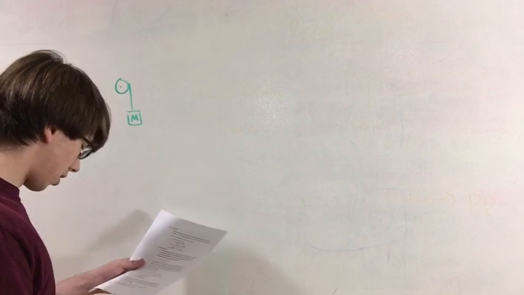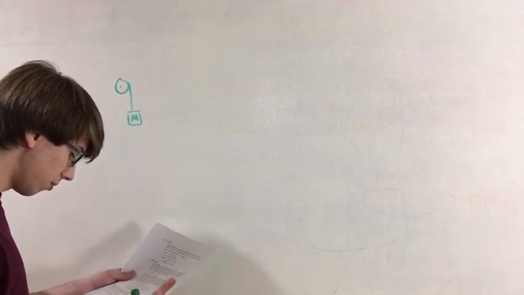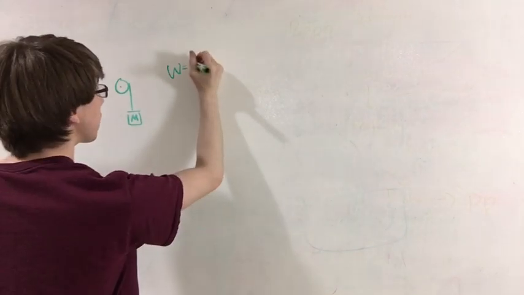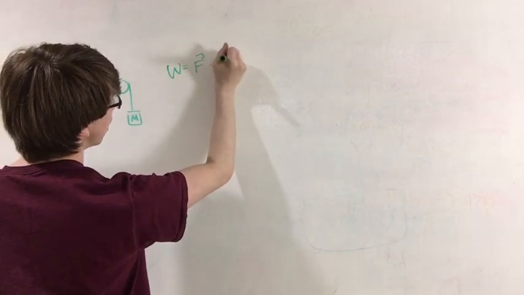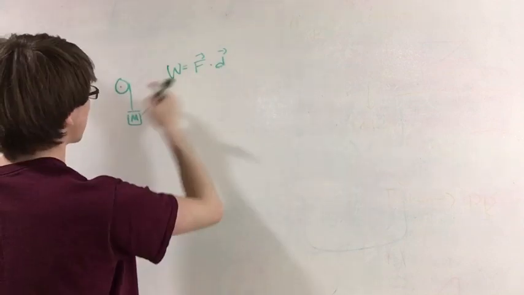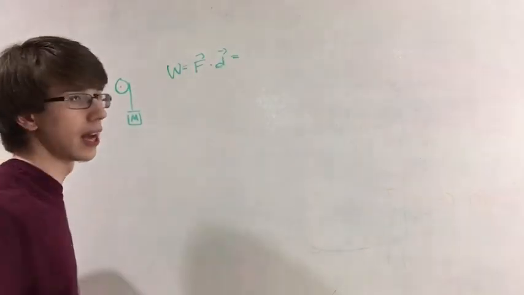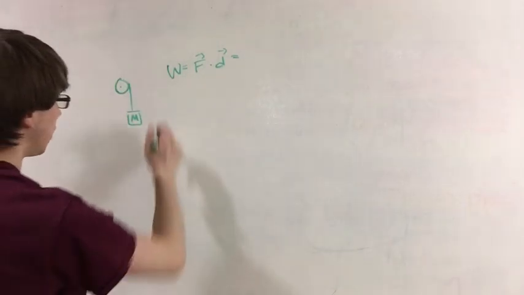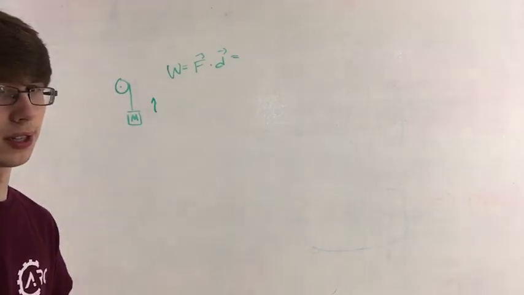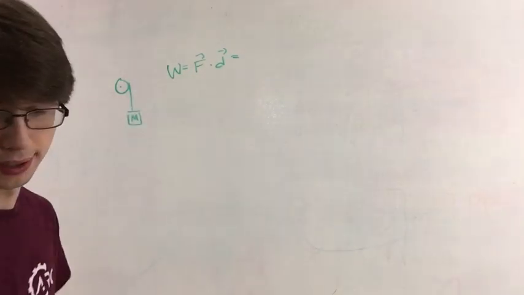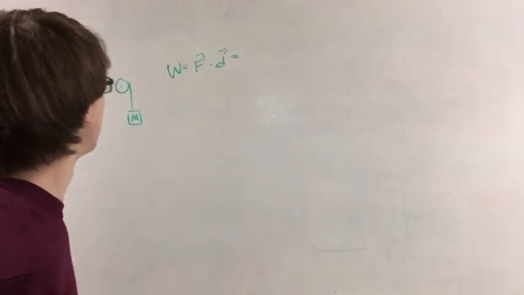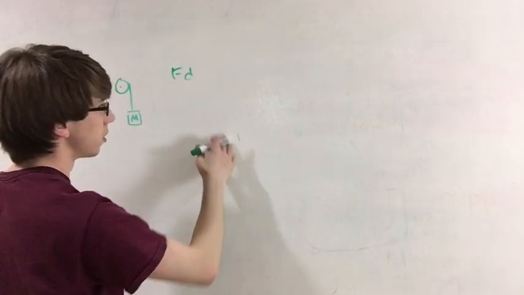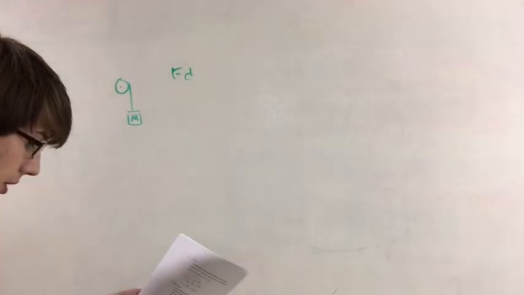It just isn't. But in this case, what we're going to do is we're going to say, well, work is equal to force dot distance, right? Well, in this case, our angle is negligible because we're going to say that this direction is 0 degrees. So the angle between the vectors there is 0, so cosine of theta is 1. Magnitude of the vectors are just going to be Fd, so we're just going to have force times the distance. Now what is our force?